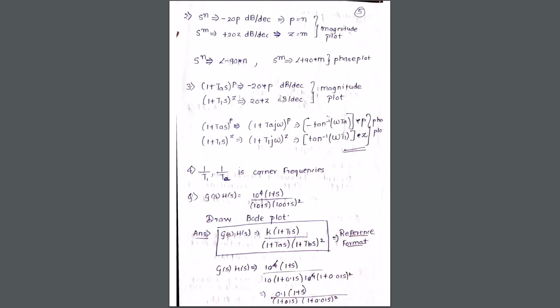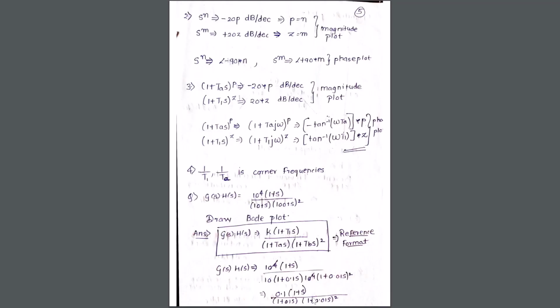Next, after 1, we have 10. How 10? Because we have 1 plus 0.1s, and 1 by 0.1 will be 10. Hence, I have the value 10 mentioned here. In that case, present slope is equal to previous plus the present contributing slope. What is the previous slope? 20 dB. Plus the present contributing, my present is 1 plus 0.1s.